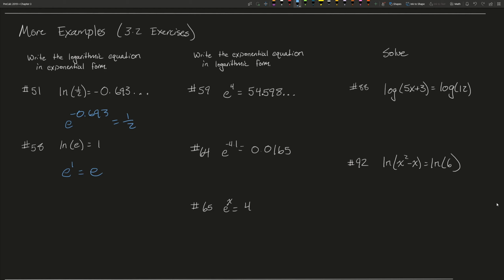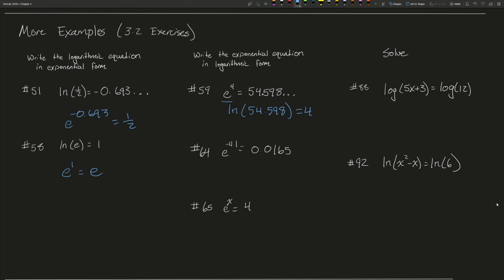59 to 65 say to write the exponential equation in logarithmic form. So 59 says e to the fourth power is equal to 54.598, and so on. We can rewrite that as the natural log of 54.598 will equal 4. Again, this natural log assumes e as the base.